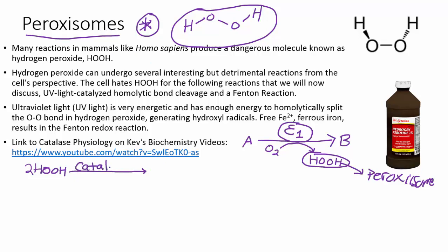This enzyme takes these two hydrogen peroxides and generates molecular oxygen and two molecules of water. These are virtually harmless, whereas the hydrogen peroxide is dangerous. You don't want those molecules floating around, and we'll see why that is in just a minute.